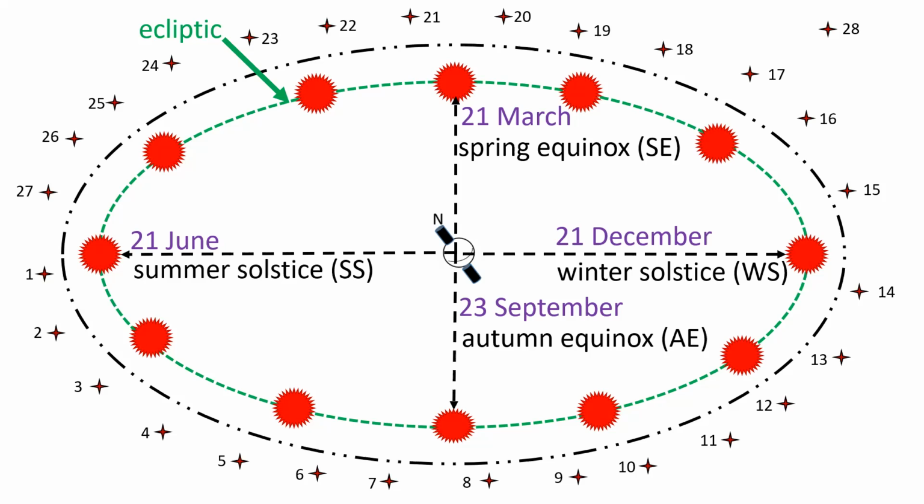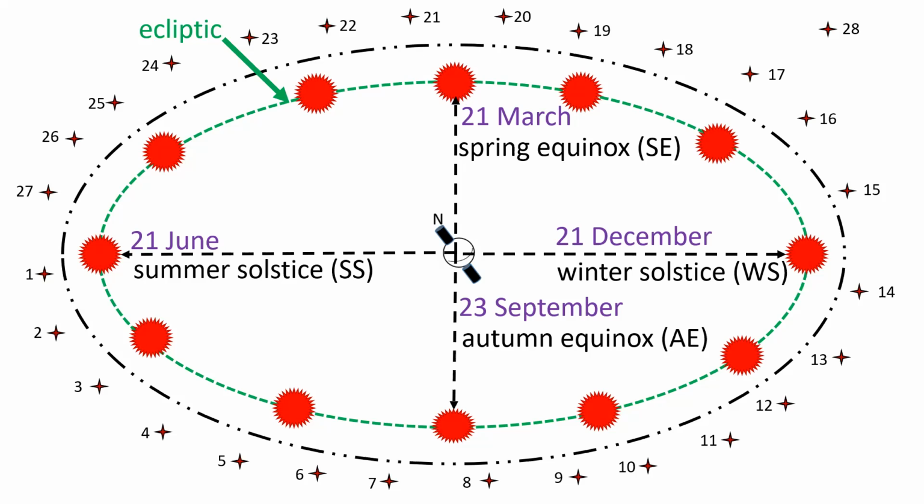Imagine the earth at the center, inclined at an angle, and the sun going around the earth, noted down at different points along the ecliptic. So if we want to go through a complete cycle of a solar year, we will begin with the day of vernal equinox or spring equinox.